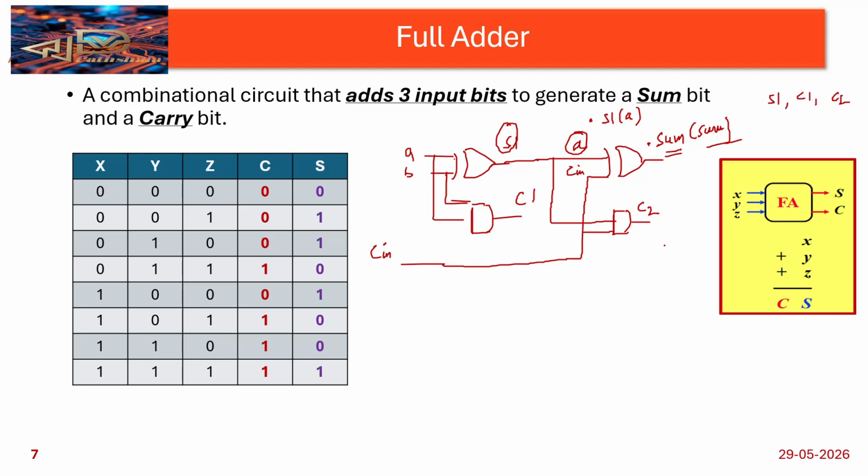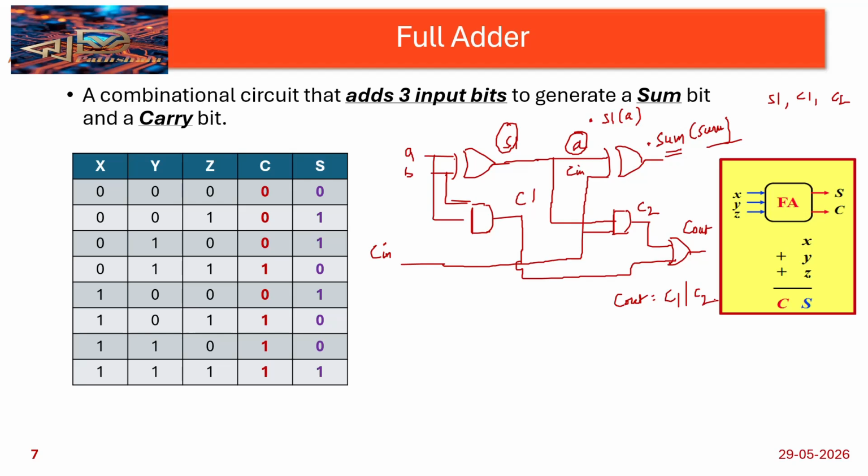This C2 is connected to another OR gate, and C1 is also connected to this OR gate. Then I get the carry out, Cout equal to C1 or C2. That is the thing I have designed in my design style.